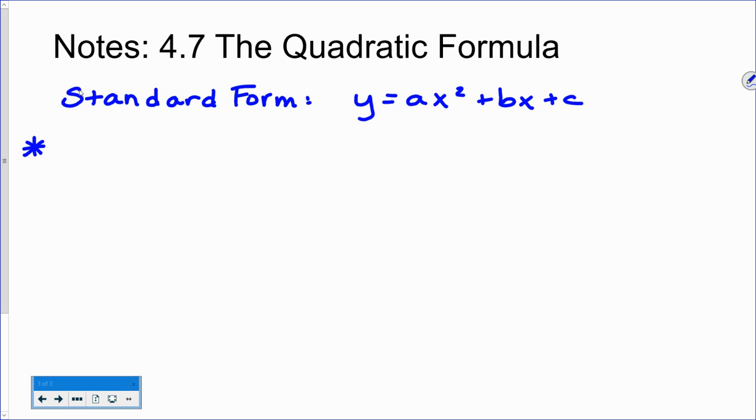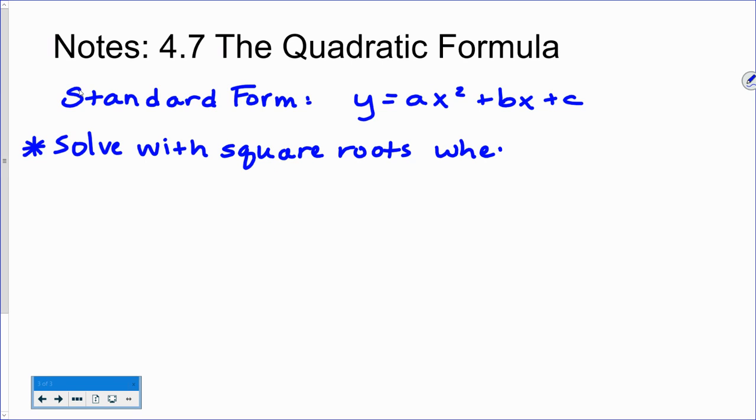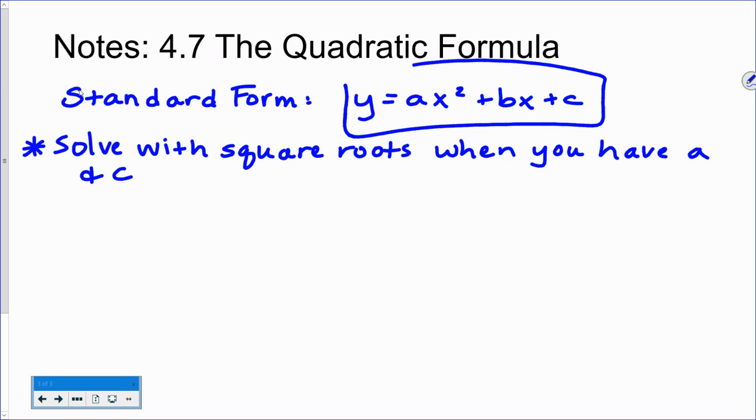You would solve with square roots when you have a and c. Talking about the standard form, right?